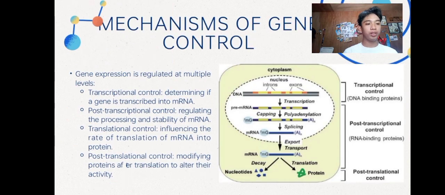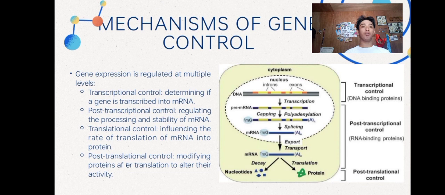So let us now proceed to the mechanism of gene control. Gene control, also known as gene regulation, refers to the mechanism by which a cell can turn genes on or off, controlling the amount and timing of gene expression. Gene regulation is crucial for determining cell identity, responding to environmental cues, and maintaining cellular homeostasis.